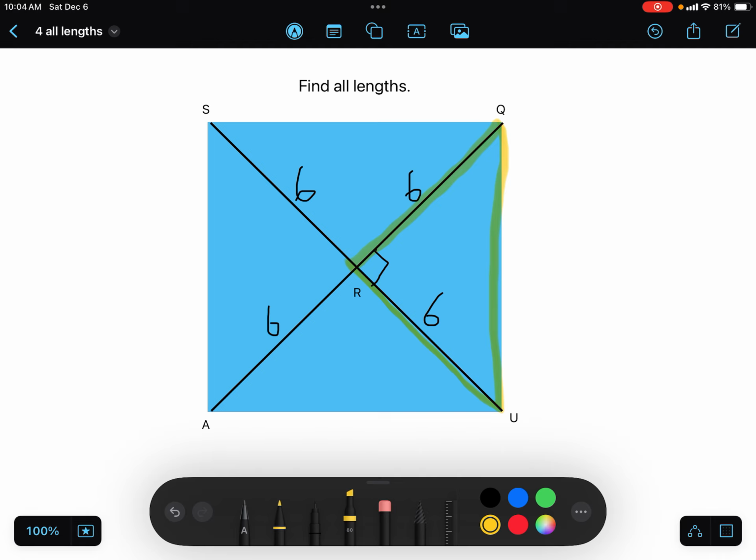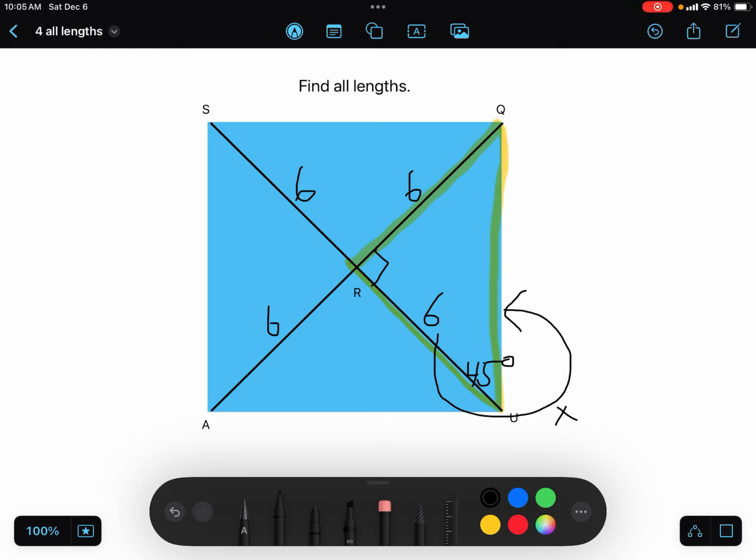We can use our 45, 45, 90 triangle rule to get this side. So this is going to be 6. We're looking for the hypotenuse.